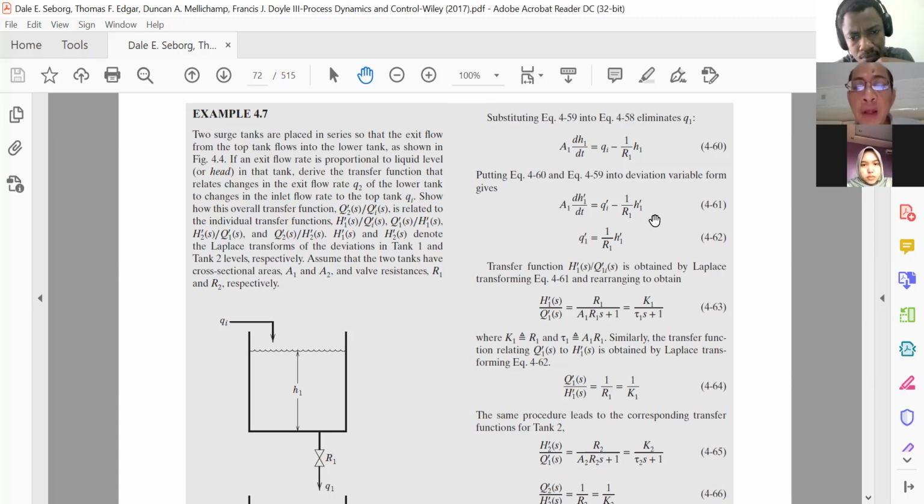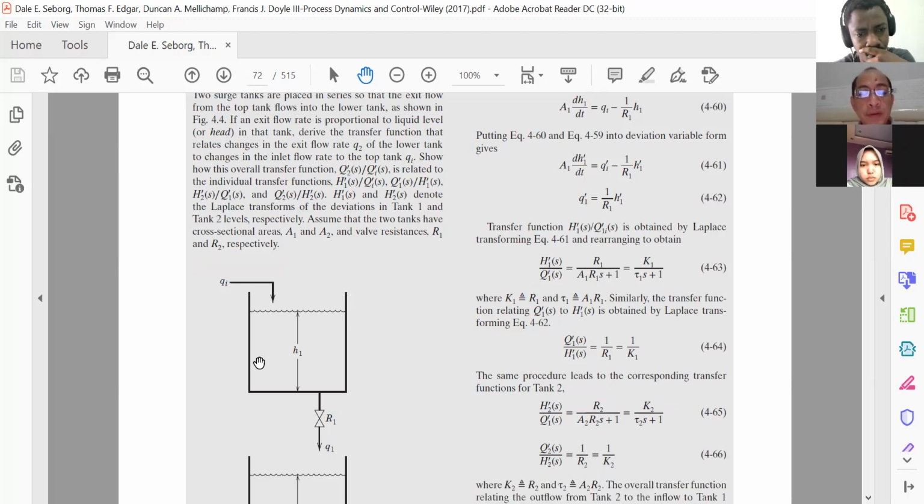Now suppose I want to find, rather than h1 prime over qi prime, how about q1 over qi? So what do you think?